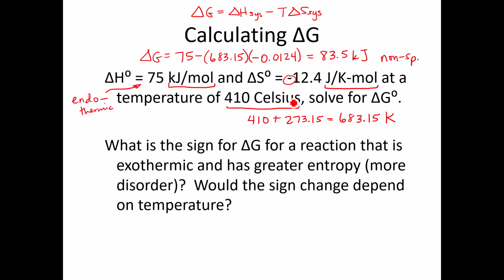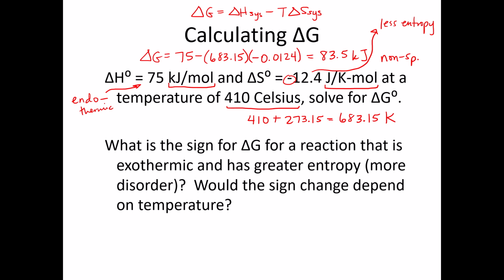We have a negative sign for our delta S, which indicates less entropy. Alright, so we have a reaction that is endothermic and has less entropy. Both of those are unfavorable characteristics when we talk about increasing the entropy in the universe.